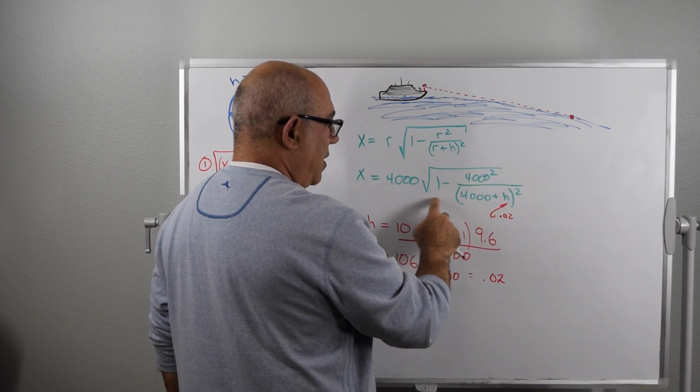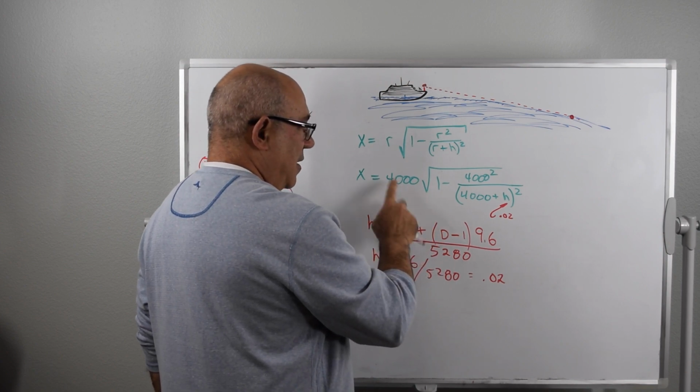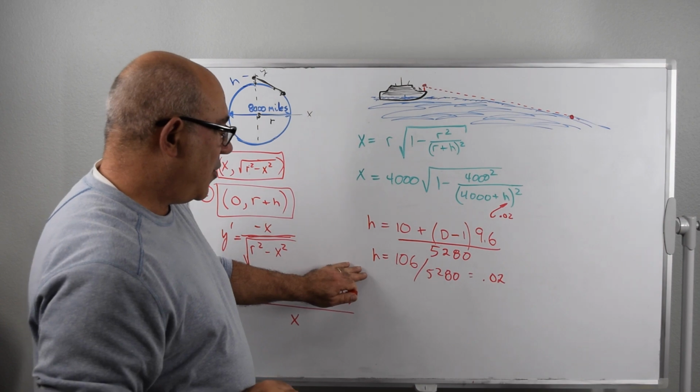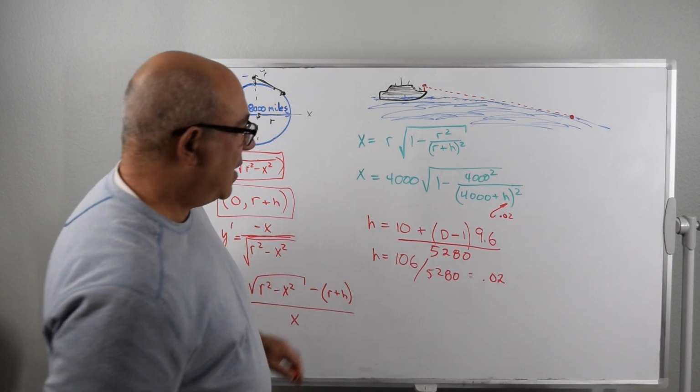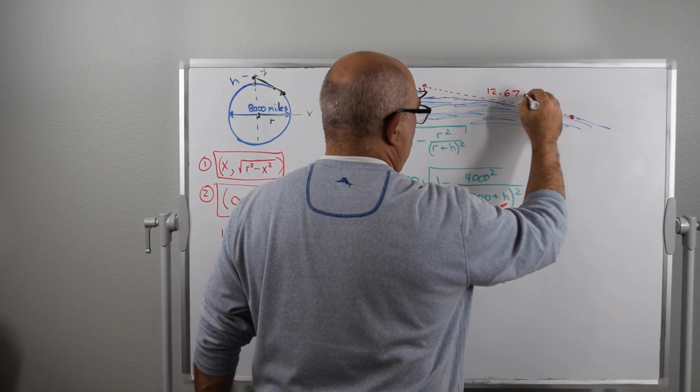Subtract that from 1, take the square root of it, and then multiply that by 4,000, you're going to get your answer. So for deck 11, the answer is 12.67 miles.